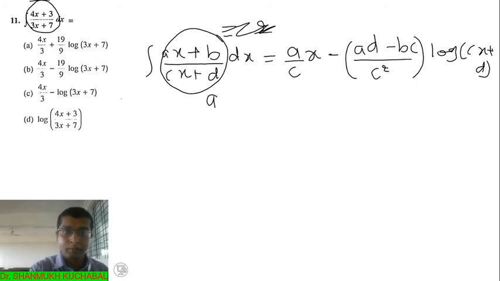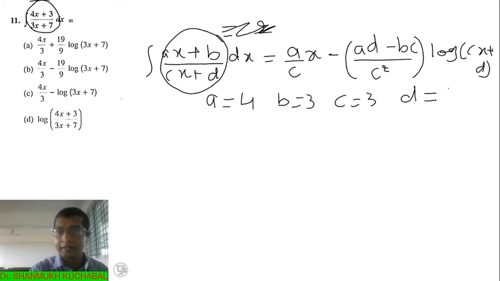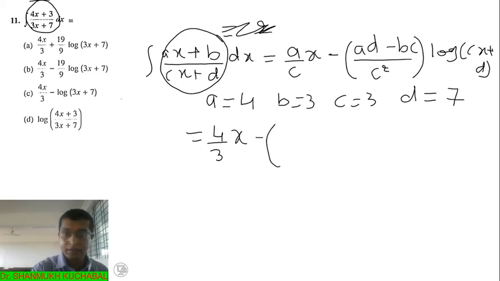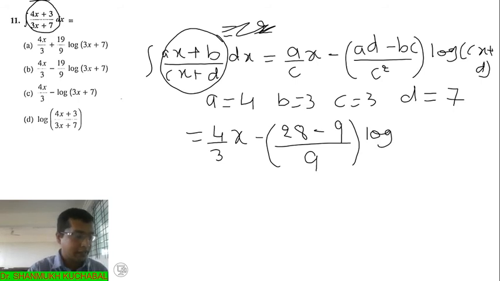So by comparing, a equal to 4, b equal to 3, c equal to 3, d equal to 7. Substituting these values, RHS will become 4 by 3 x minus (AD, that is 28, minus BC, 3 3s are 9) divided by c square, that is 9, log of cx plus d, that is 3x plus 7.